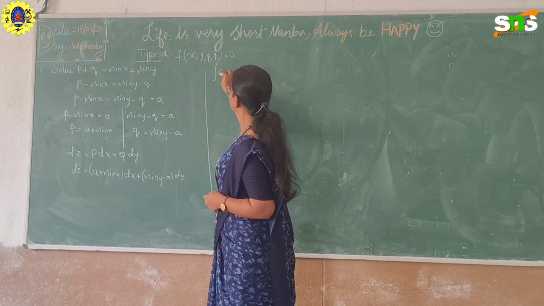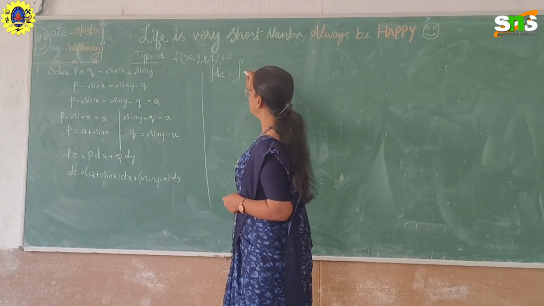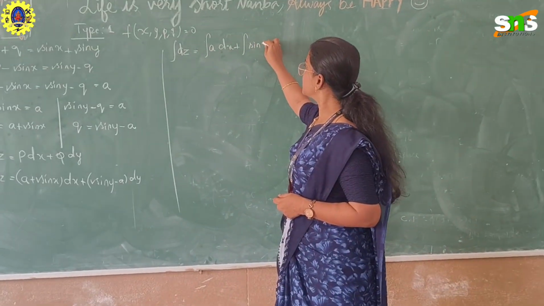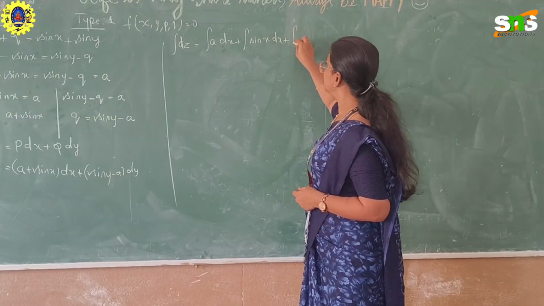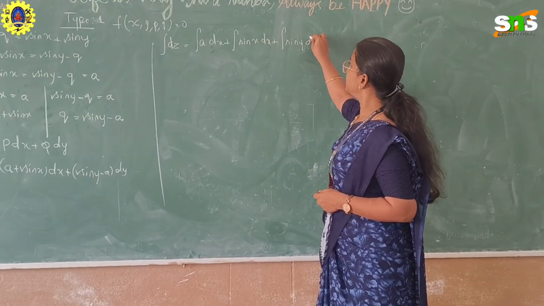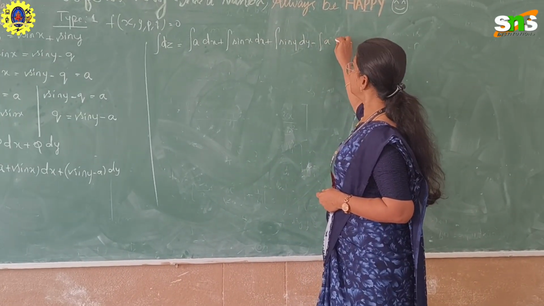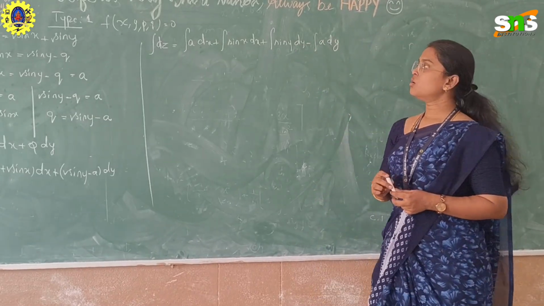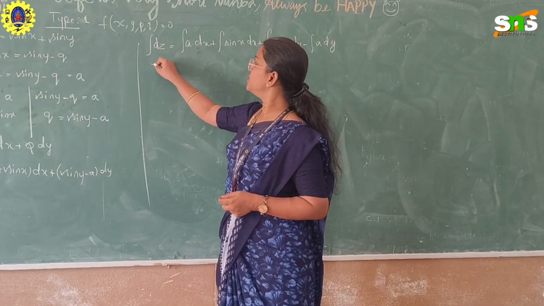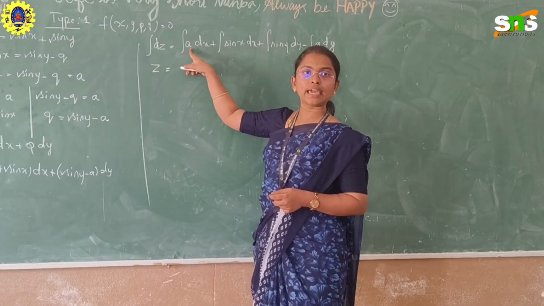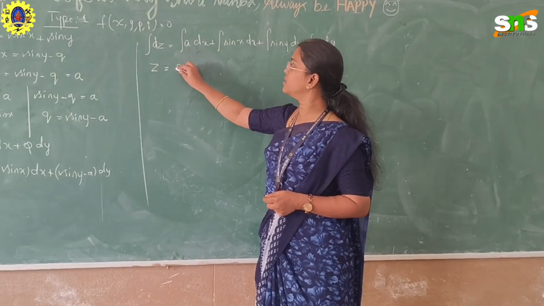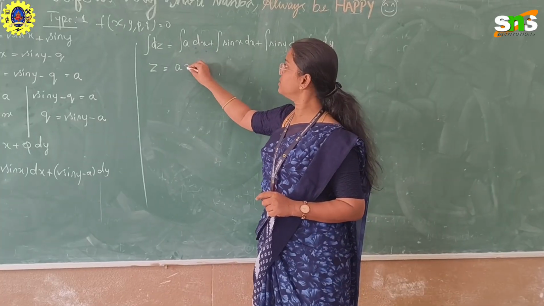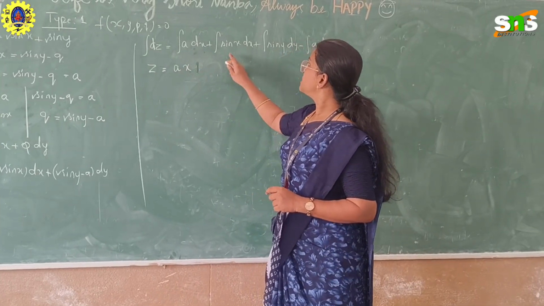So I will get integral dz is equal to integral a dx plus integral sin x dx plus integral sin y dy minus integral a dy. Now the integral of dz will be z is equal to, here a is constant, taking it outside, a, integral 1 into dx. Integral 1 into dx value will be x, plus sin x.